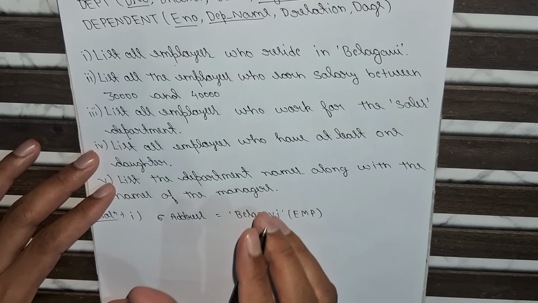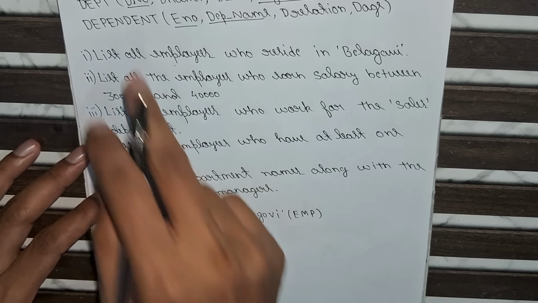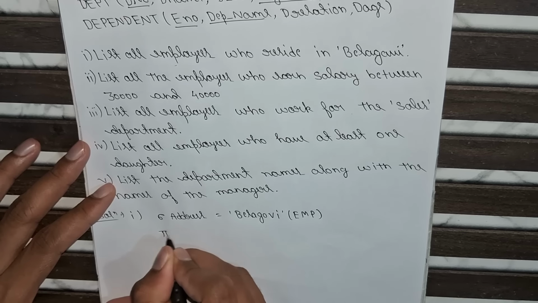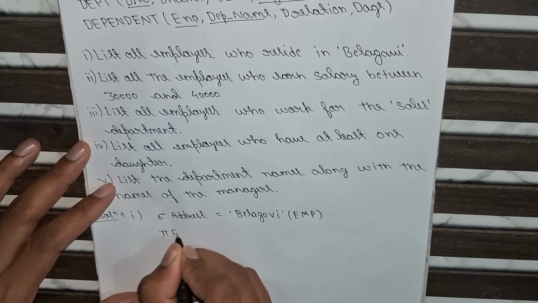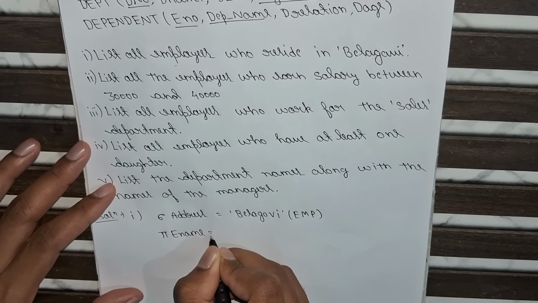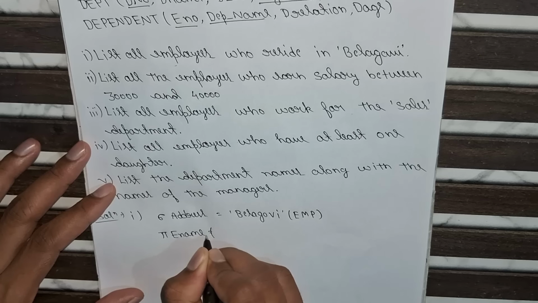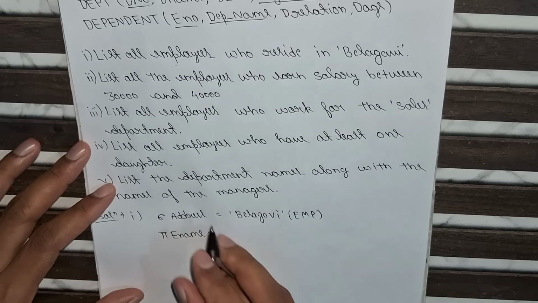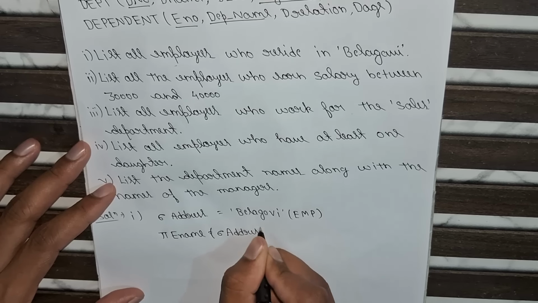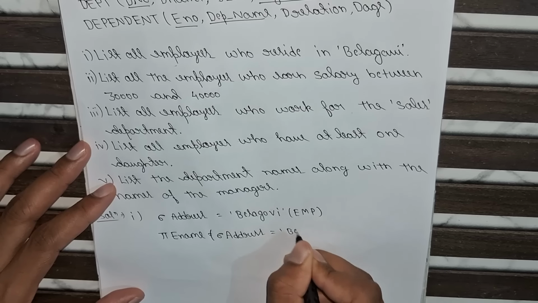Now project only the employee names. Now we will project only the e name. So projection, this is used for projection. So projection of e name, and then the selection, address which is Belagavi.